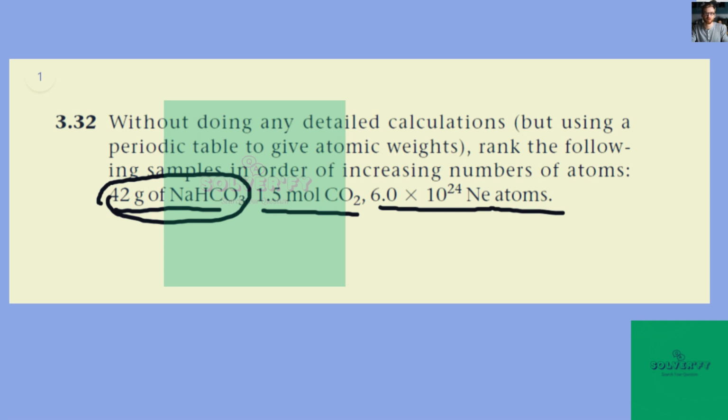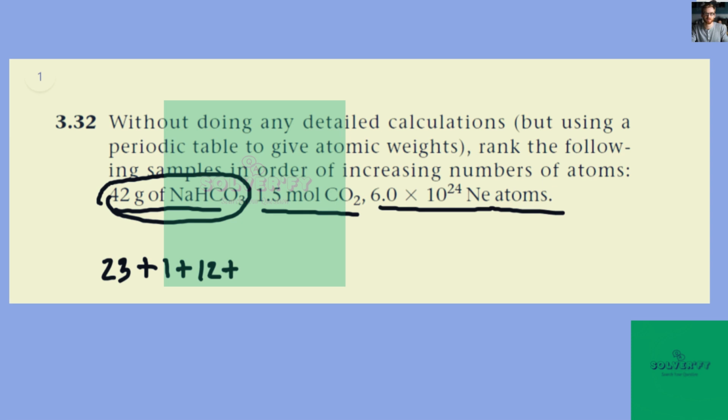So to find out the number of moles of sodium bicarbonate for 42 gram, we have to find out the molar mass of sodium bicarbonate, and we can do that easily by adding up the atomic weights of each atom present here. Sodium's atomic weight or molar mass is 23, for hydrogen we roughly consider 1, for carbon we consider 12.